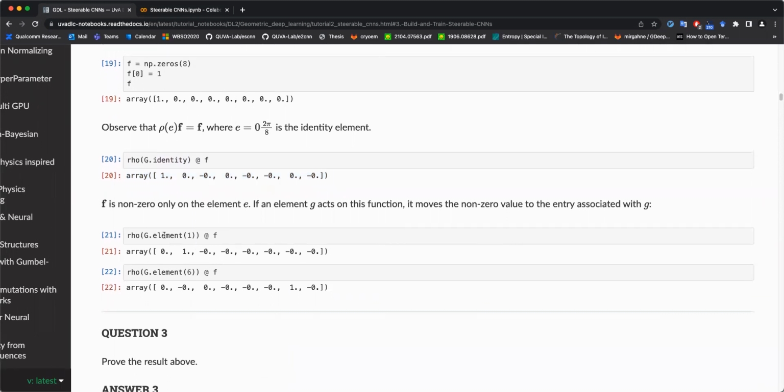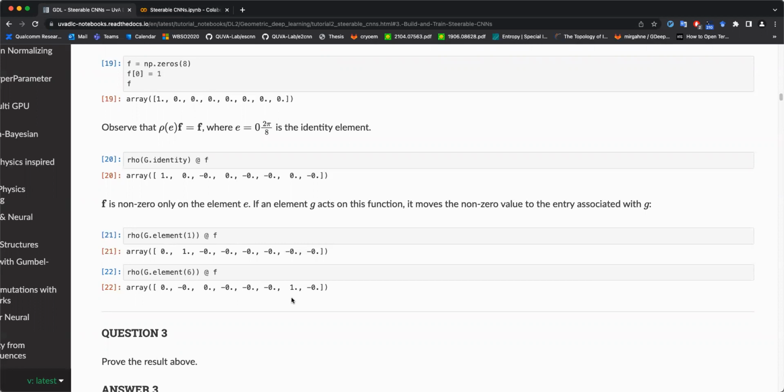Now, if we instead multiply it by the representation of the first group element, we see that the 1 that was at the identity has been shifted to position 1. And more generally, if we multiply by the representation of, I don't know, the 6th element, we shift the function by 6 positions. Does it make sense?